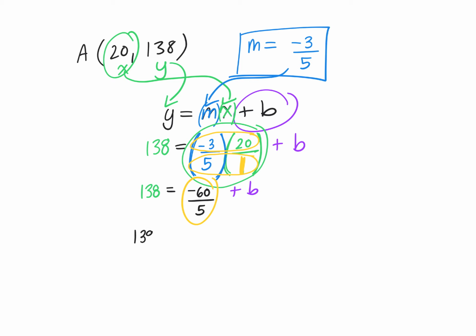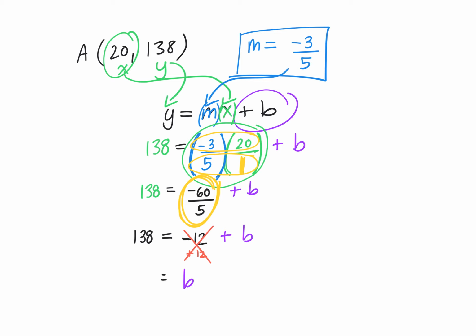Okay, so I still have this 138. What's negative 60 divided by positive 5? Negative 12, okay? Plus the b. The opposite of take away 12 is plus 12, right? Because if I add the 12, that's gone, which is what I'm trying to do.